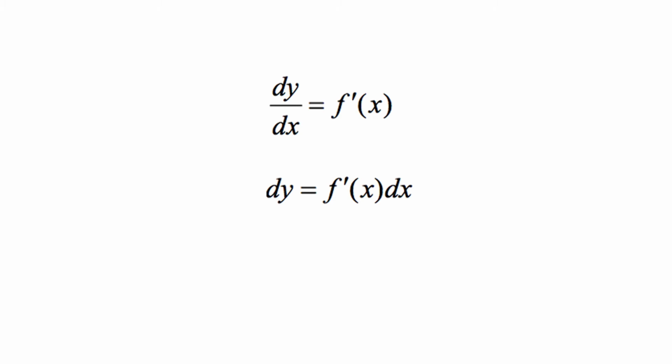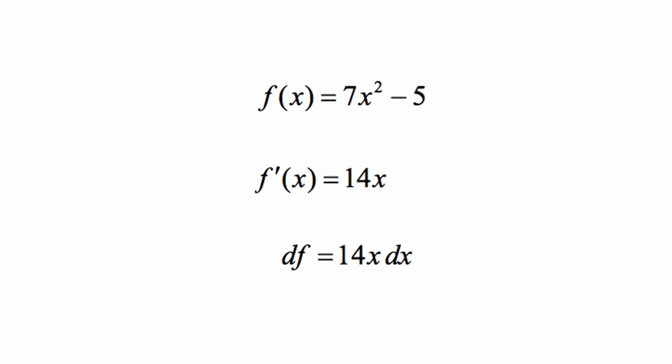We sometimes write df is equal to f'(x) dx in place of dy is equal to f'(x) dx and call df the differential of f. For instance, if f(x) is equal to 7x squared minus 5, since f'(x) is equal to 14x, it follows that df is equal to 14x dx.